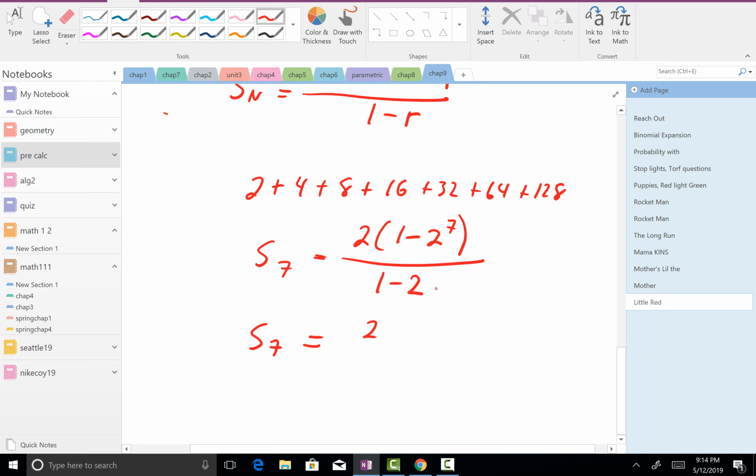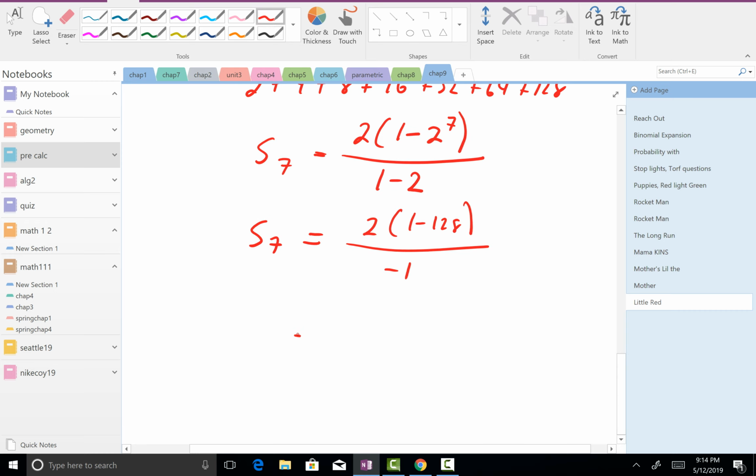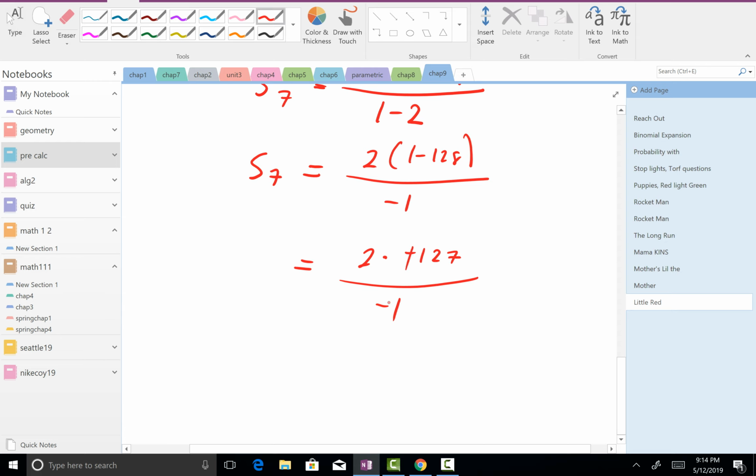So this is actually powers of 2, so it's not too bad. And the good thing about this is our negatives are going to cancel out. And we get that, all right?